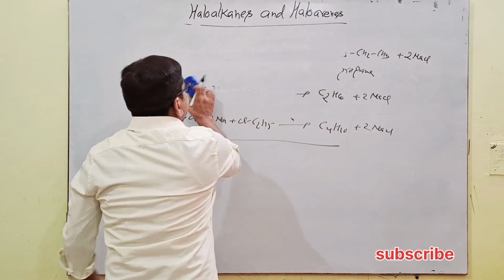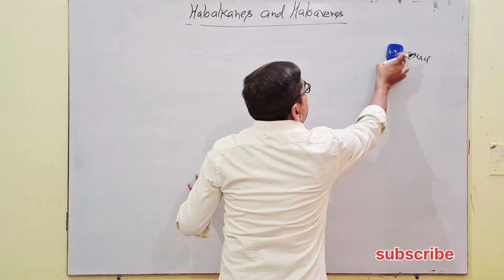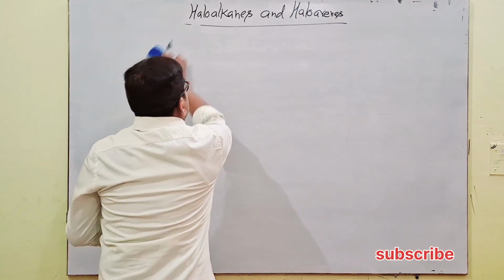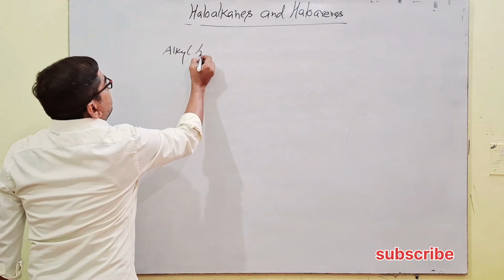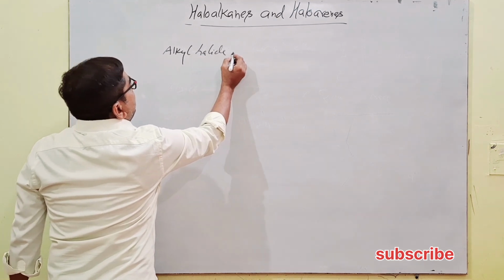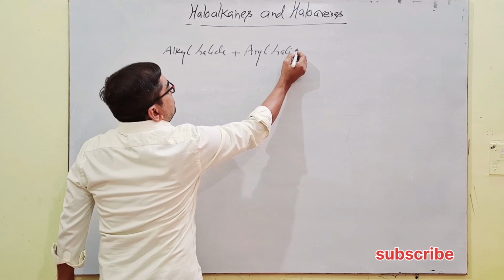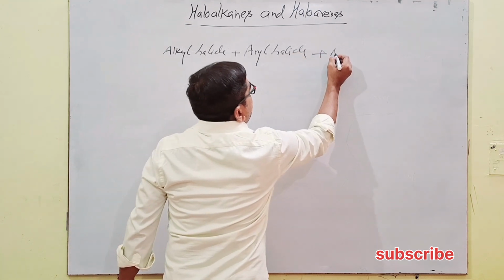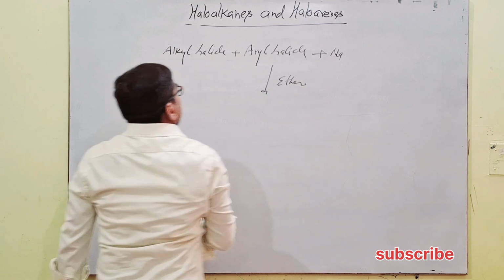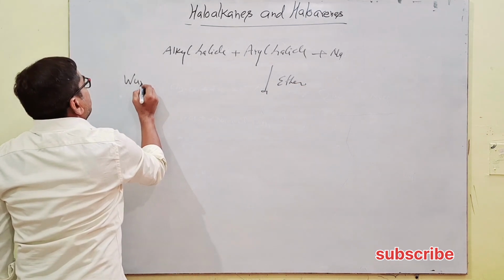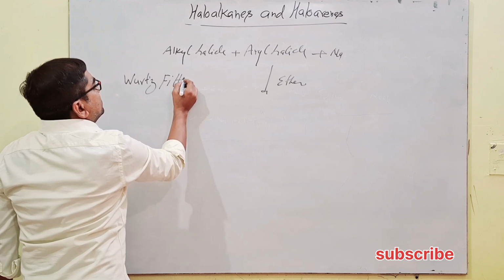Next, if one alkyl halide reacts with one aryl halide with sodium in ether medium, then the reaction is called the Wurtz-Fittig reaction.